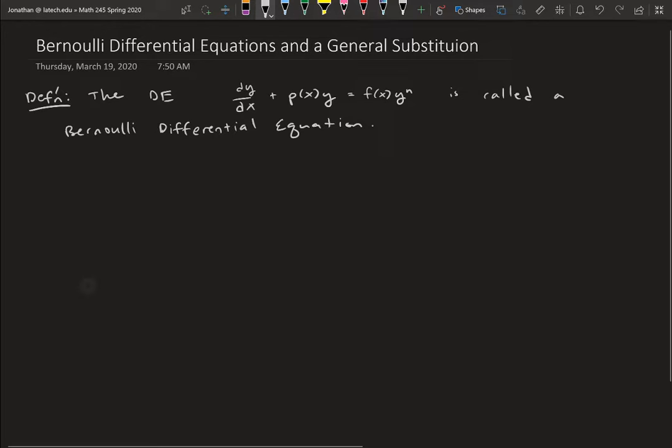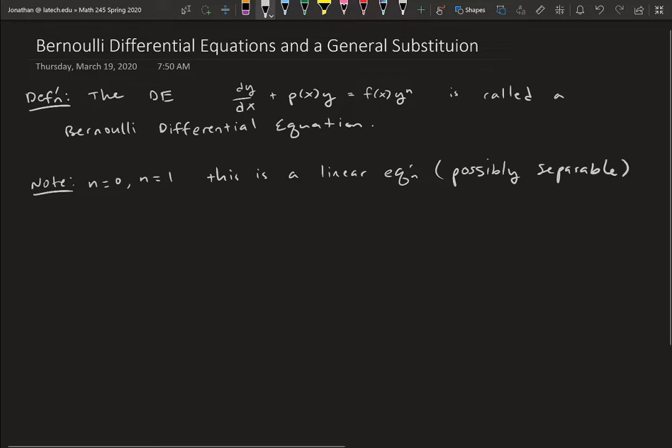Note that for n equals 0 and n equals 1, this is a linear equation, possibly separable, so just use the methods that we already know for separable and linear equations.